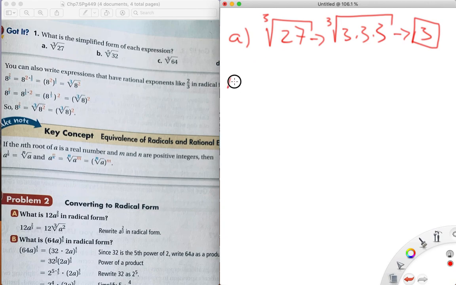Alright, and then B, we have the 5th root of 32. So I've got to think of a number that if I multiply it 5 times gets 32, and I believe that's 2. Let me double check.